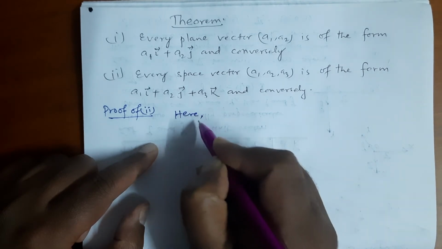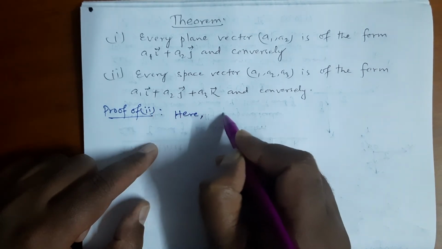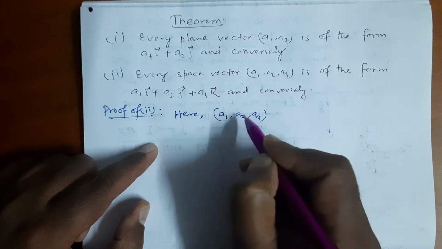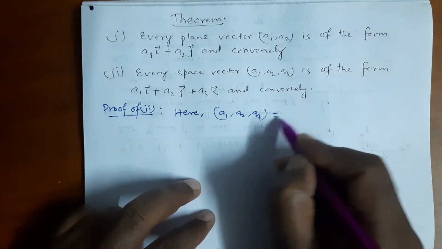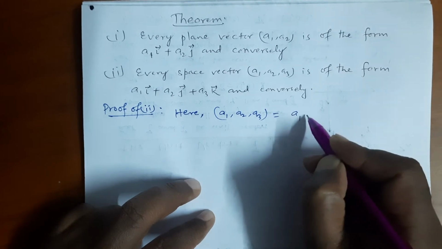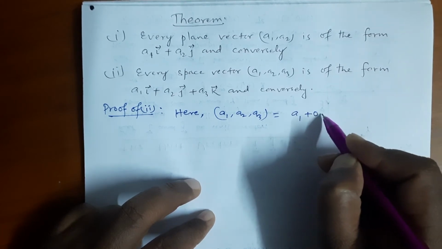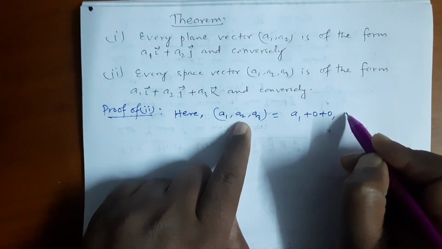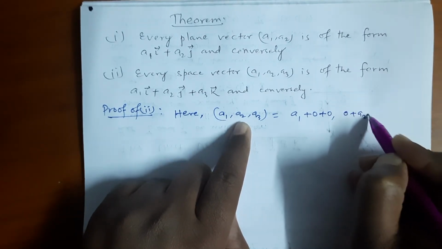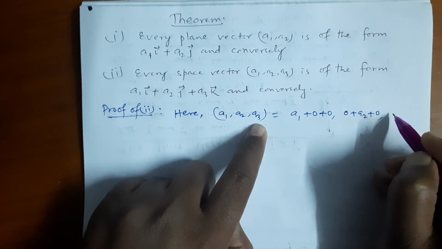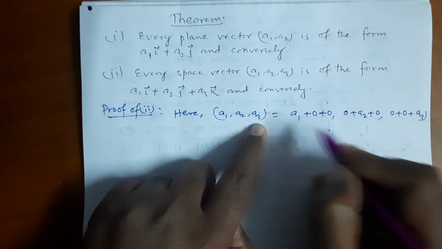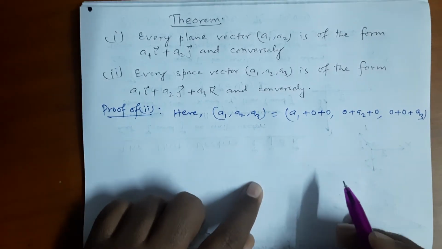Here (a1, a2, a3) equals (a1, 0, 0) plus (0, a2, 0) plus (0, 0, a3).